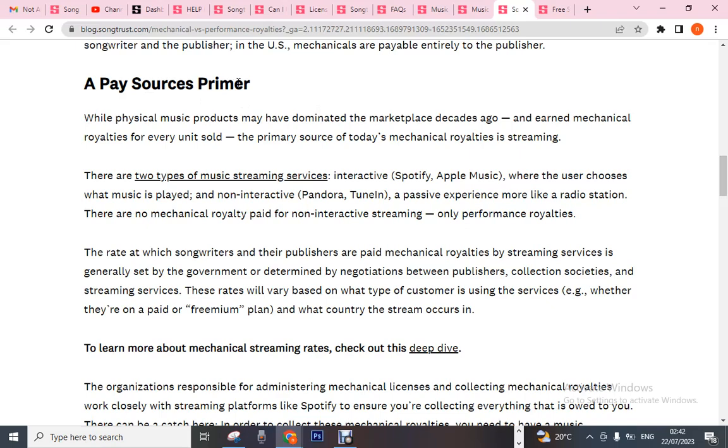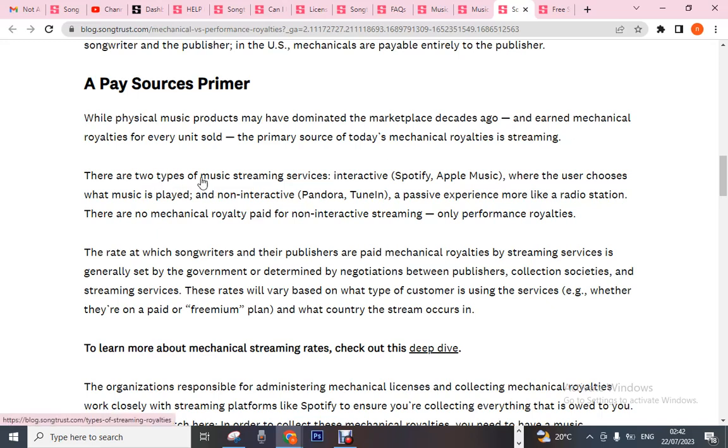Pay sources, primary. While physical music products may have dominated the marketplace decades ago and earned mechanical royalties for every unit sold, the primary source of today's mechanical royalties is streaming.